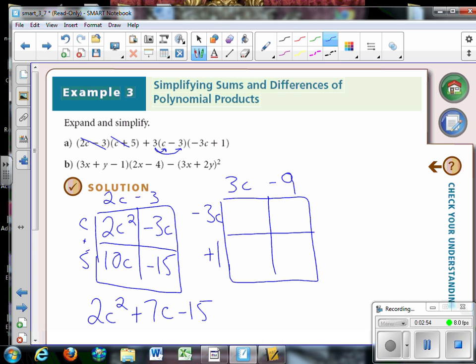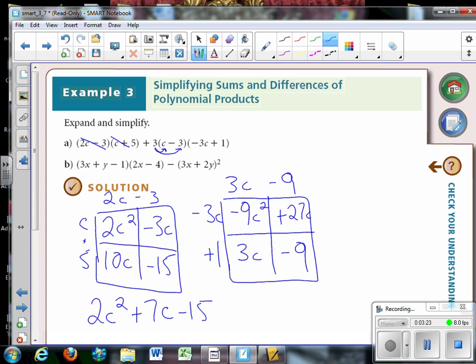So again, multiply: a minus 3c times 3c gives you a minus 9c squared. A minus 9 and a minus 3c is a positive 27c. And then a 3c and a 1 gives you a 3c. And then a minus 9 and a plus 1 will give you that minus 9.